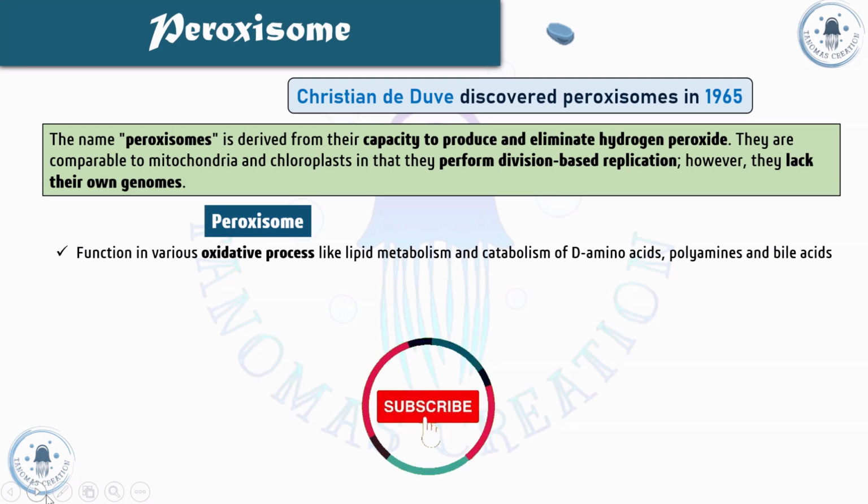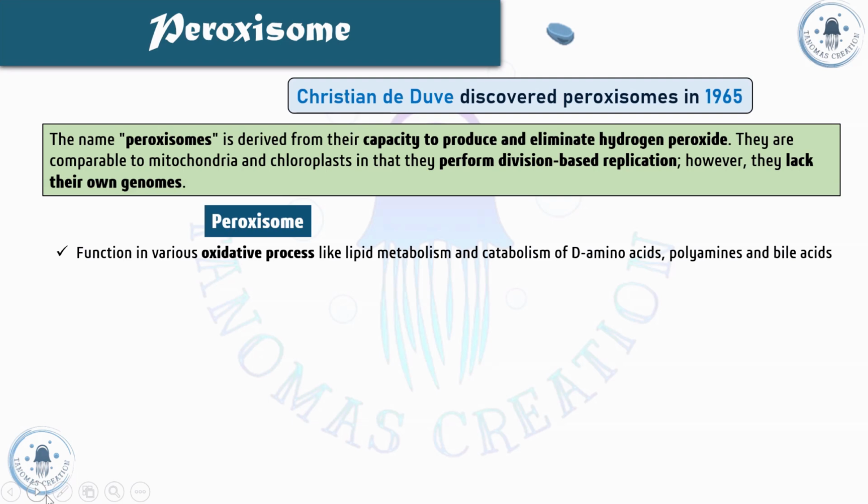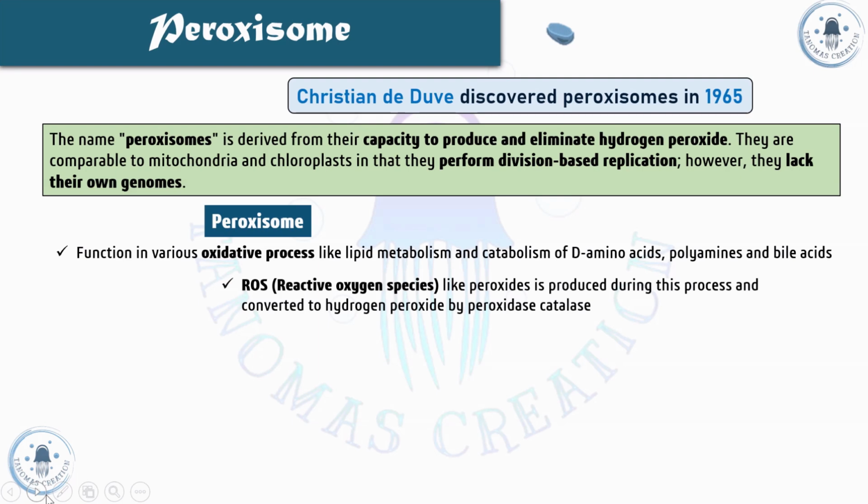oxidative processes like lipid metabolism and catabolism of D-amino acids, polyamines, and bile acids. So it's important for the oxidation process. It also acts as an antioxidant. It scavenges the reactive oxygen species like peroxides, which are produced during oxidation, and converts them to hydrogen peroxide.